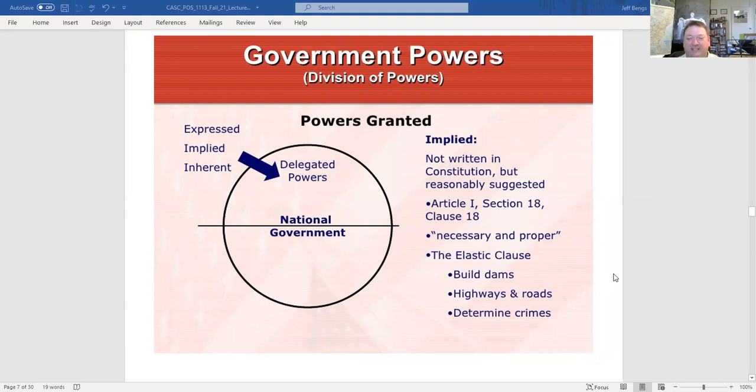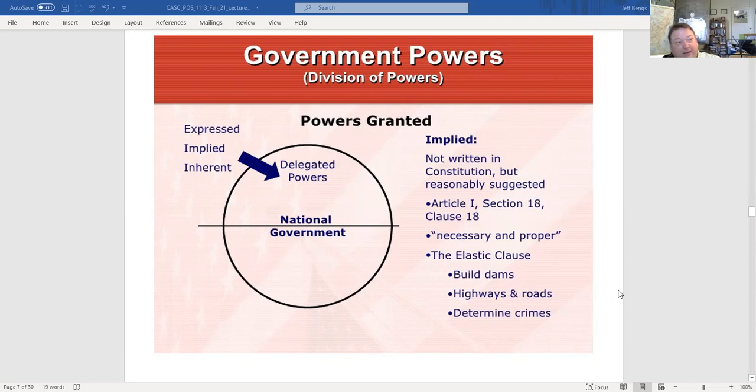It's elastic, that is, it's flexible, because it allows Congress to do what they deem to be necessary and proper for the benefit of the United States citizens. You can see some of the things that are included in this. To do things that are beneficial for commerce, like construct highways and roads, to dig canals, to have a U.S. postal system.